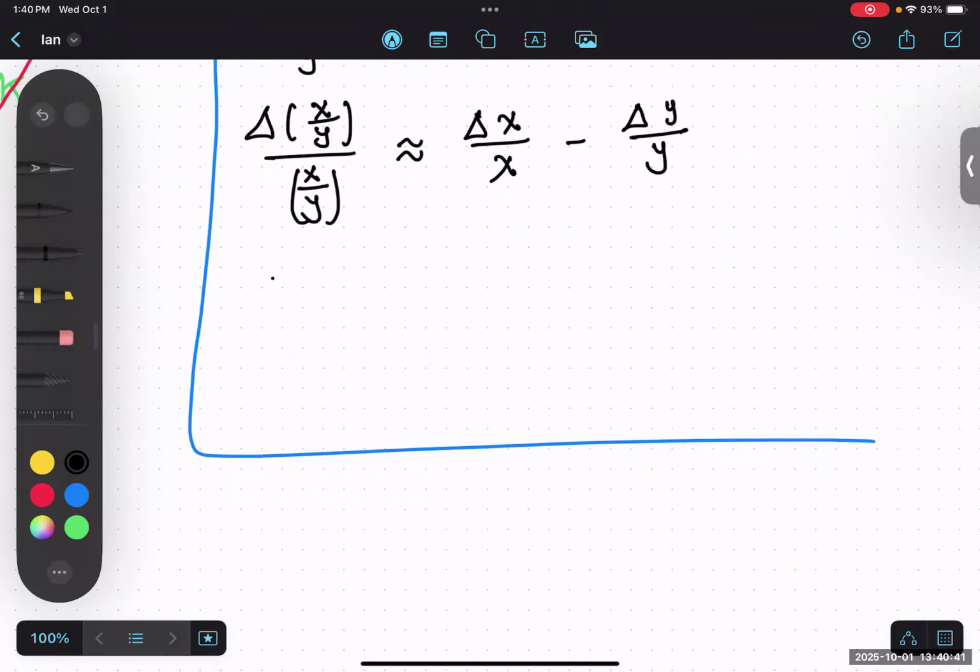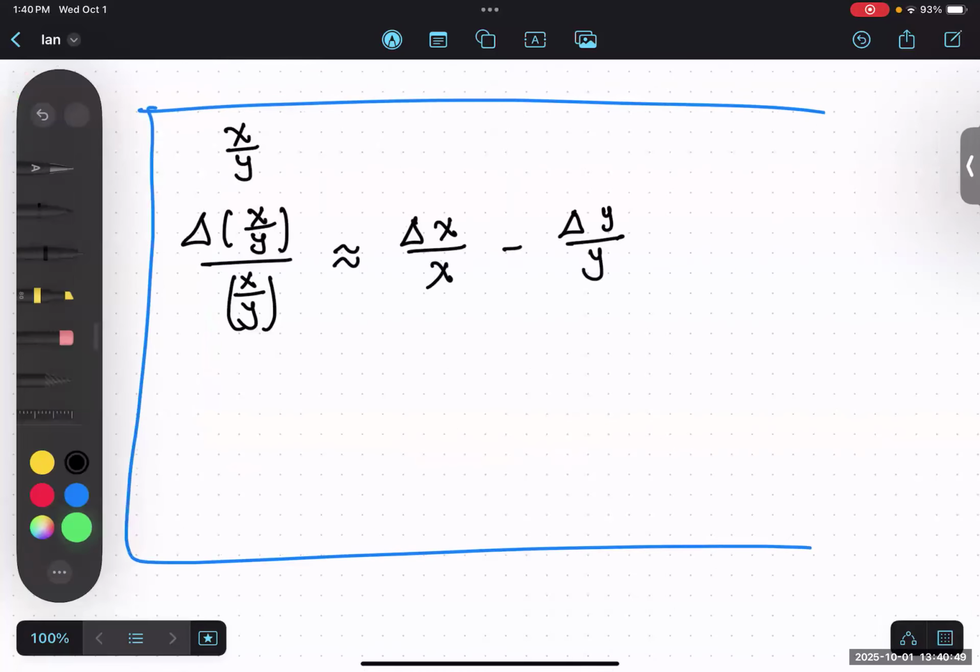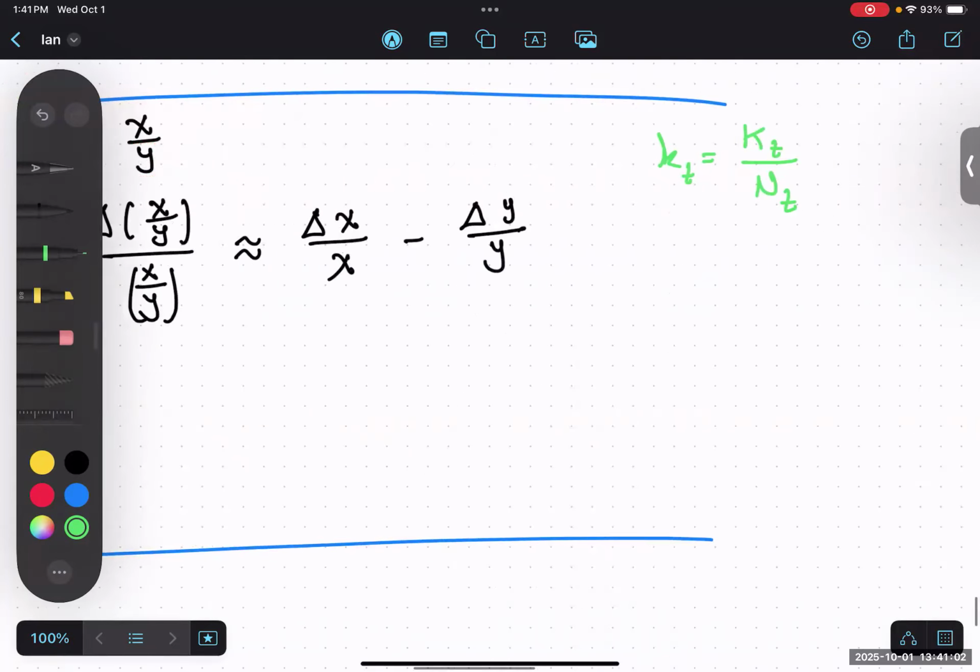The ratio that we have is the capital labor ratio. Capital labor ratio, if you remember, I'm just going to put it here in green, is this ratio. I'm using N when I refer to labor.